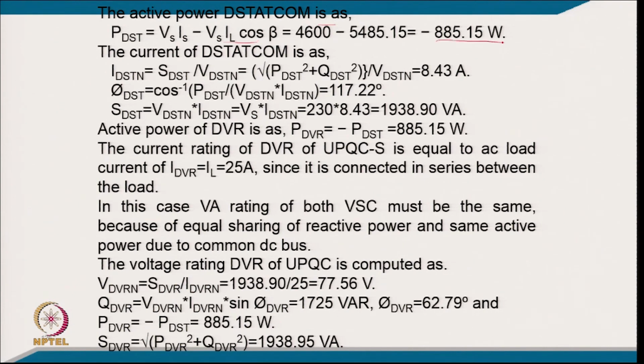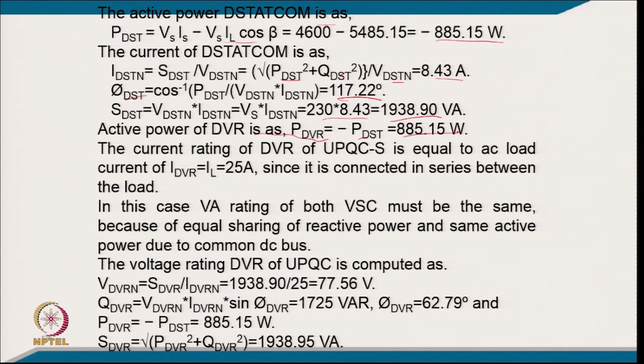So, it comes to 885.15, and the current rating of the D STATCOM can be calculated as the square root of P squared plus Q squared divided by voltage. So, it comes to 8.43 ampere, and the angle of the D STATCOM comes from this power and VA rating. So, it comes to 117.22 degree, and the VA rating of this becomes current times voltage. So, it comes to 1938.90 VA, and the active power of the DVR is the same as the D STATCOM, so that we calculate.